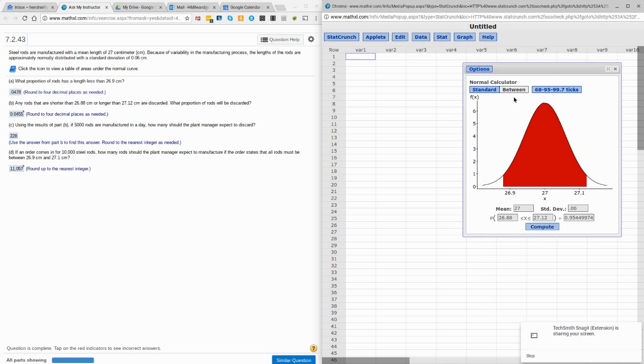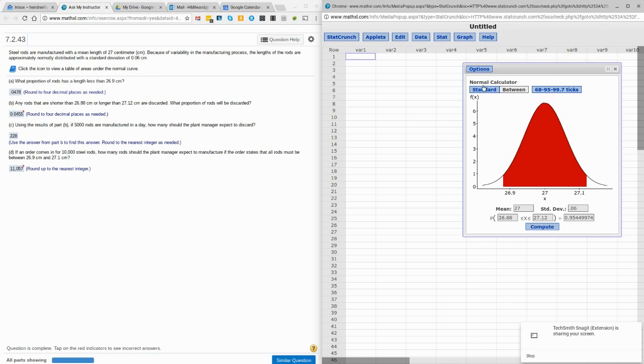StatCrunch's calculator won't compute that directly, but using what we know about probability distributions, that the whole area under the curve has to be 1, if I take this number and subtract it from 1, I'll wind up with this number right here. So really, these little white regions, which are the regions we actually want to find, are the complement of this red region. We can't compute that directly, but we can just subtract this number, 0.954 and so on, from 1, and get this number here. I hope that makes sense.